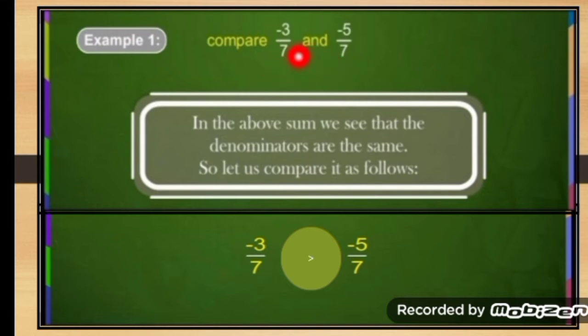We will directly check the numerators to tell which rational number is greater, as -3 is greater than -5. So -3/7 will be greater than -5/7. So if the denominators of both rational numbers are the same and positive, then we will directly check the numerators to tell which rational number is greater.